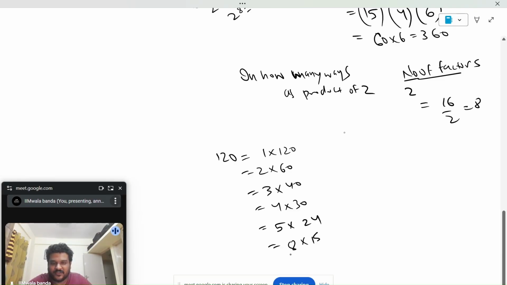Then 9, no, 10 into 12, yes. 11, no, 12, yes, but we have already done. We need 8, right? 1, 2, 3, 4, 5, 6, 7, one is remaining. So 6 into 20, but this is different from 2 into 60, right? So we got 8. I hope this is clear.